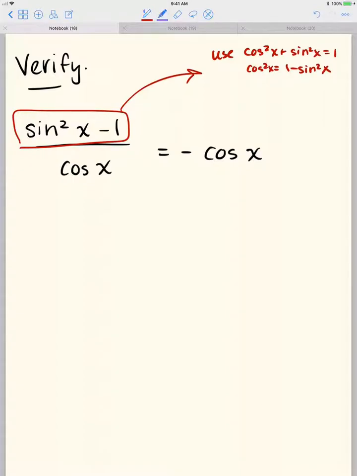So I want you to notice that's almost what we have in the numerator. But the subtraction and the order of the subtraction is flipped. And we've seen this before. If the subtraction order is flipped, you can rewrite one in terms of the other if we factor out a negative. So make that negative of negative 1 plus sine squared.